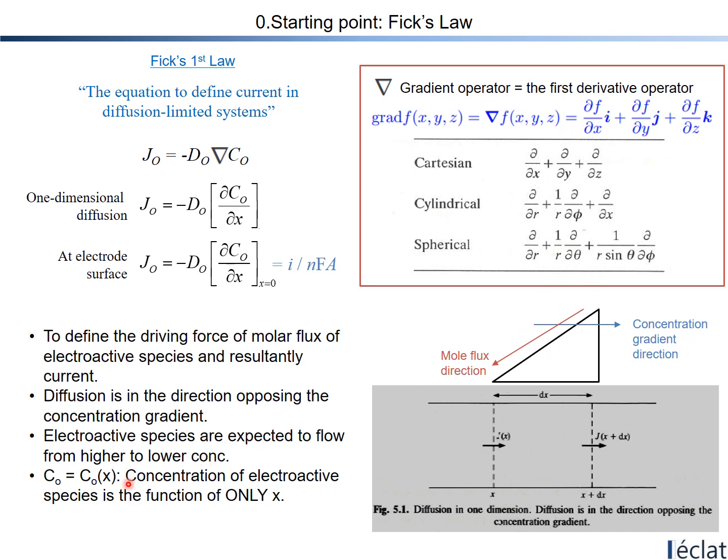And the fourth point is that the concentration of electroactive species in Fick's first law is a function of only x, where x is the distance from the electrode surface toward the electrolyte. There is no information about time in Fick's first law. There is no time here.